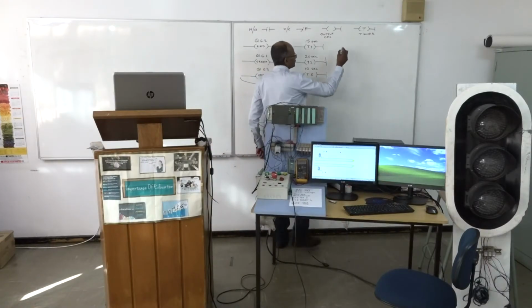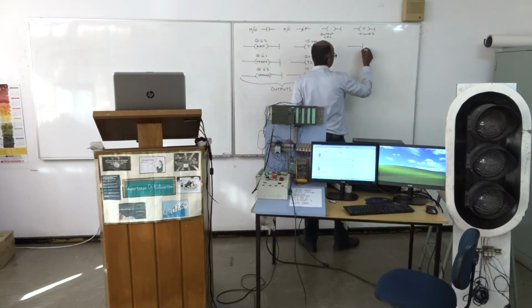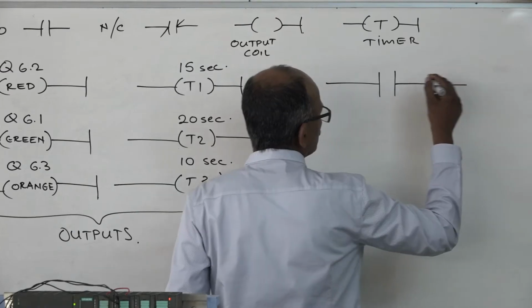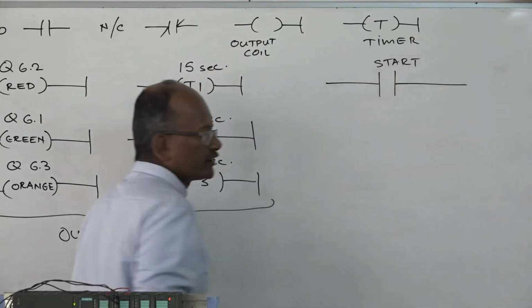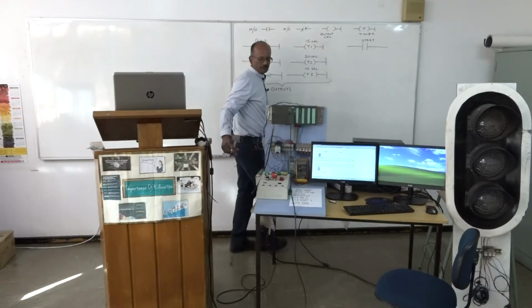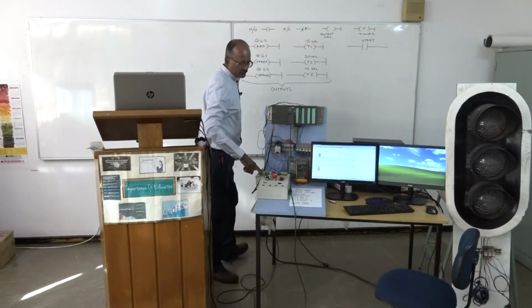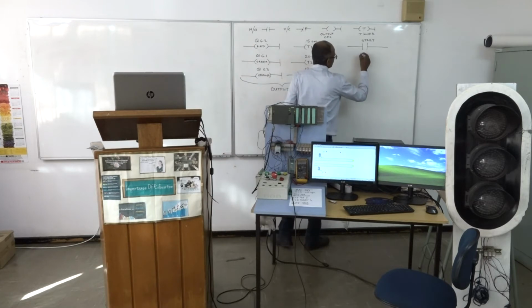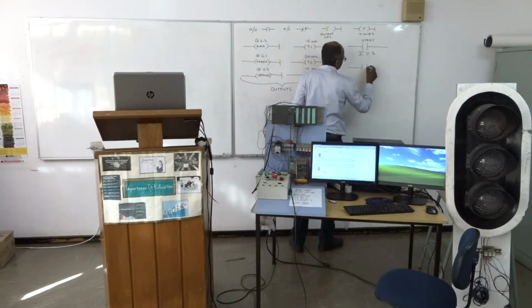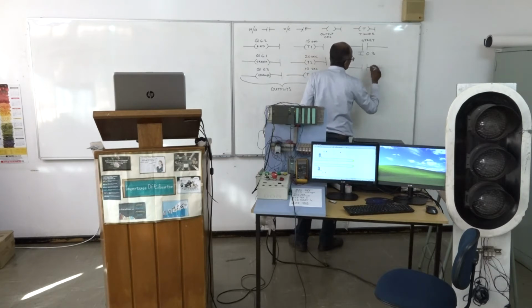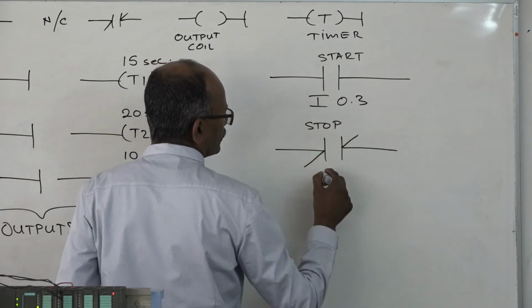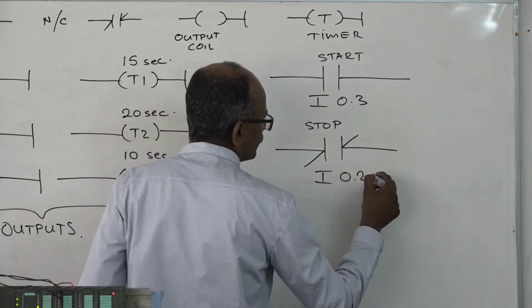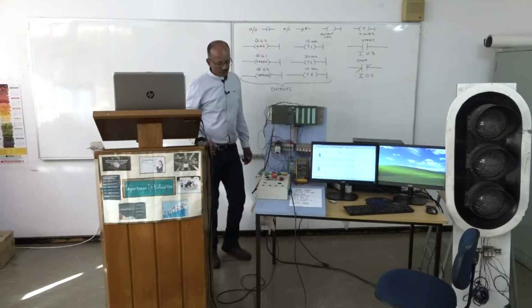For my input, I'm going to have a start button, which is normally open, and I'm going to use the same start button on my panel. Remember, the address of this start button was I0.3, so I'm not going to change that. For my stop button, which is normally closed, I'm going to use the address I0.2, which we used before.